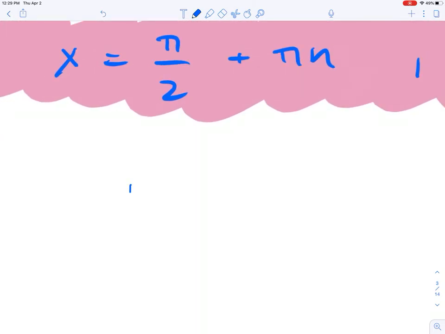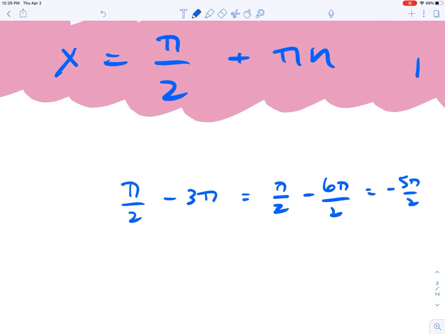And if I made n equal to negative 3, that would be pi over 2 minus 3 pi. That would be pi over 2 minus 6 pi over 2, which would be negative 5 pi over 2, and that would be outside of the interval.